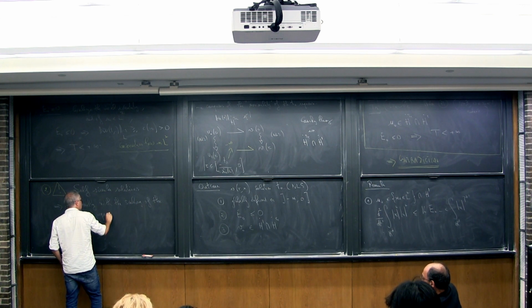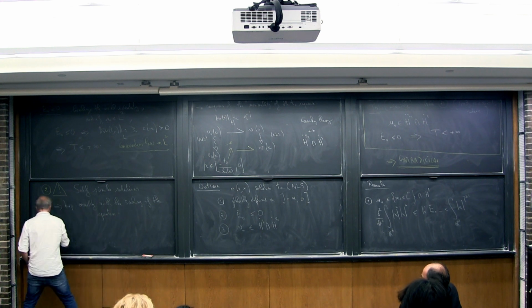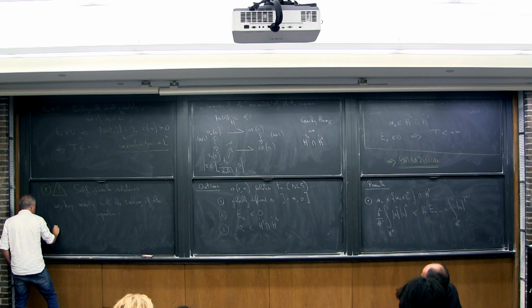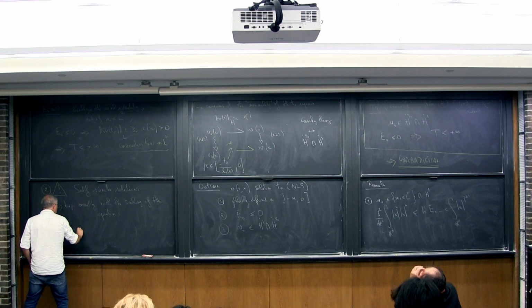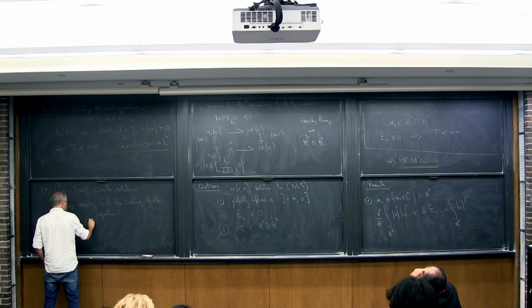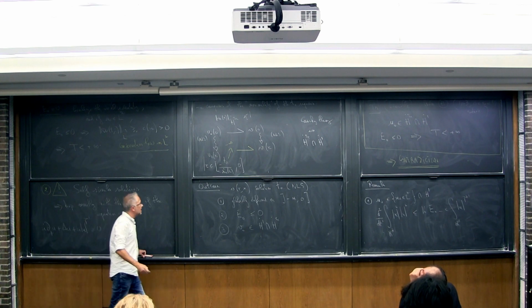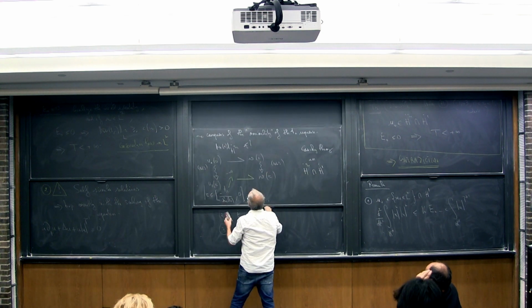So what I mean by that is the following thing. I really want to solve my PDE, i∂_t u + Δu + u|u|^{p-1} = 0. I want to solve this exactly by making an ansatz.